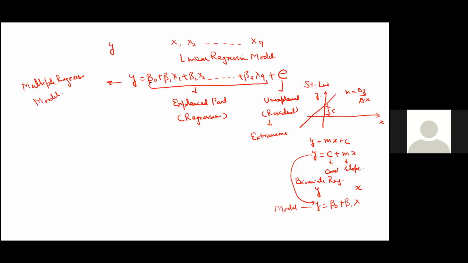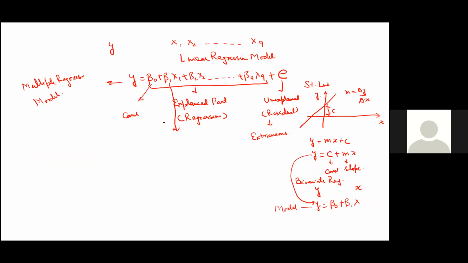During the analysis, we will figure out the values of beta 0, beta 1, beta 2, up to beta 9. They are the regression coefficients. Here beta 0 is the constant. Beta 1 is termed the regression coefficient of y on x1.